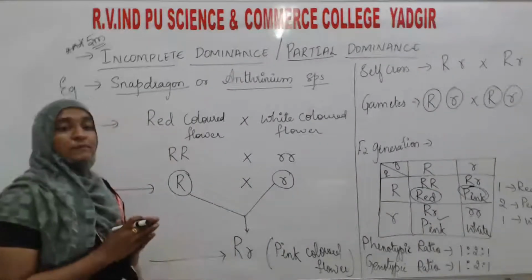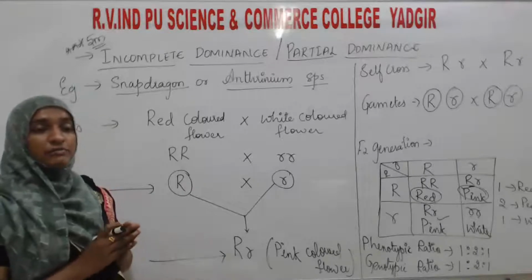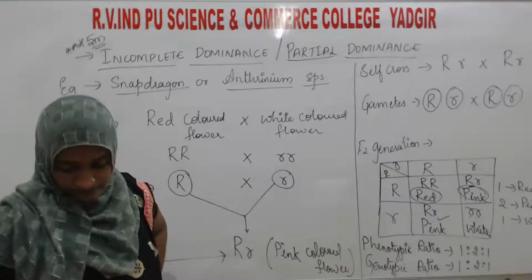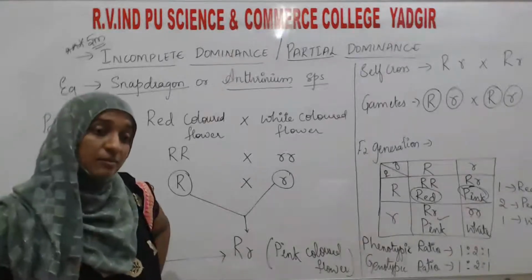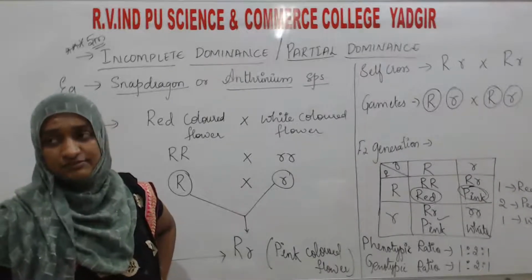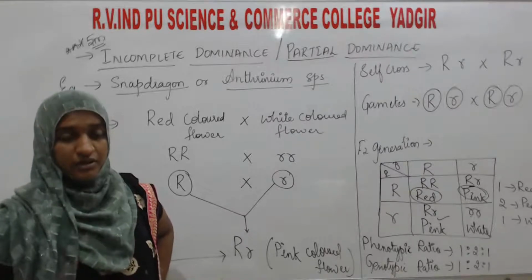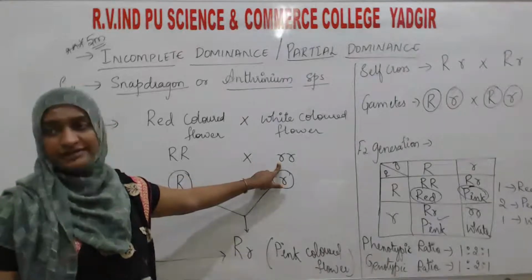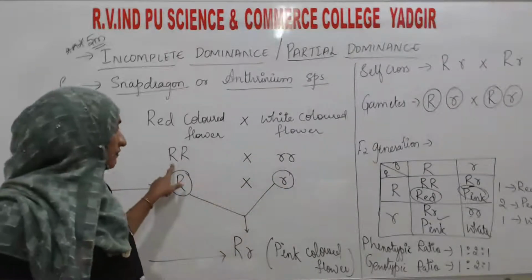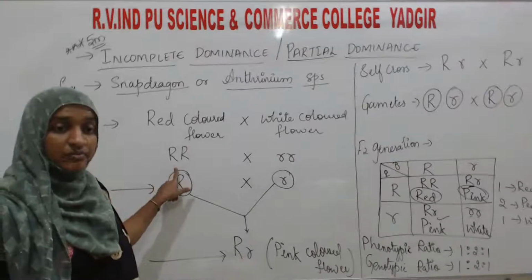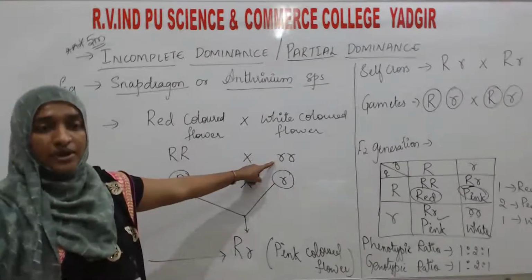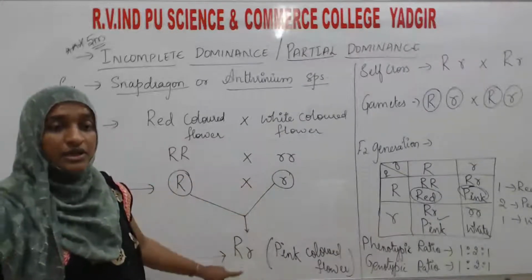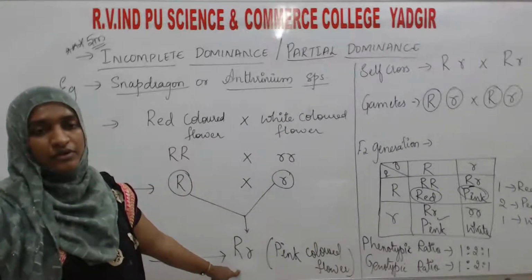See, what is the meaning of incomplete dominance or partial dominance? It is a process where the dominant gene is incompletely dominant over the recessive gene. That means the red colored flower is incompletely dominant over the white colored flower, and they are going to produce the intermediate type of offspring.